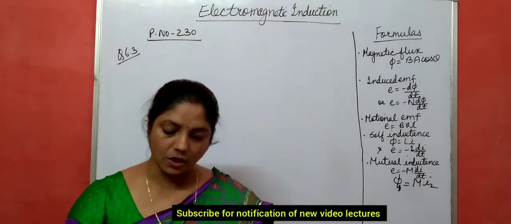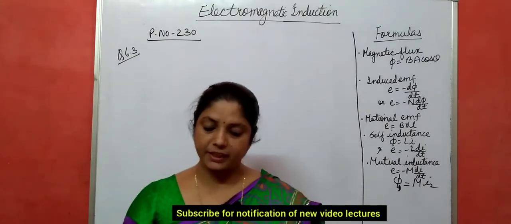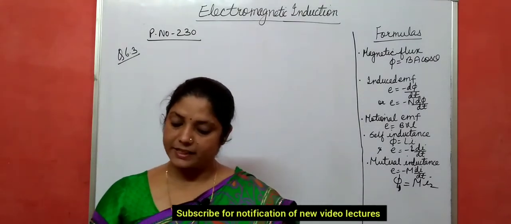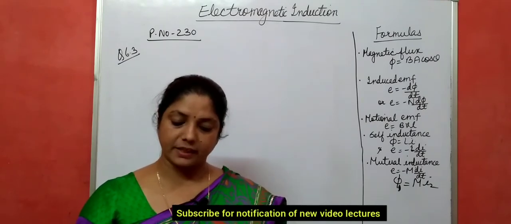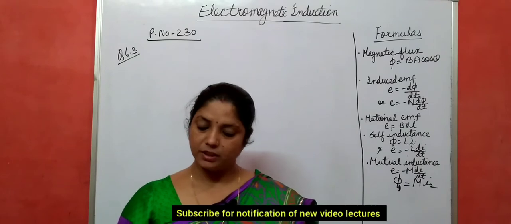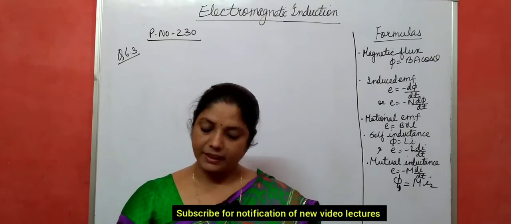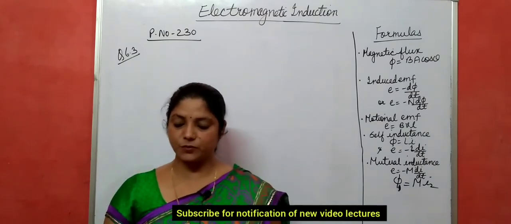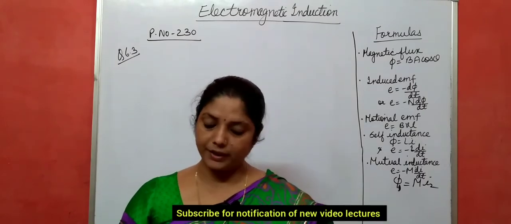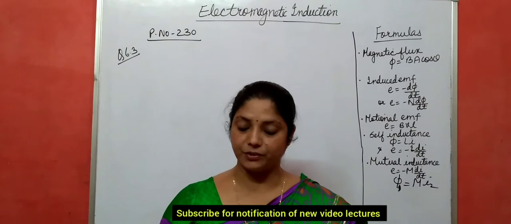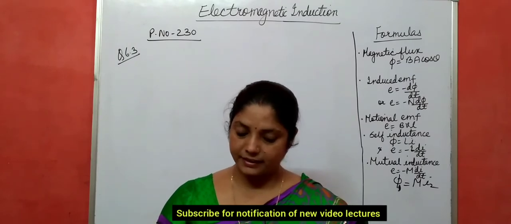The question is: a long solenoid with 15 turns per centimeter has a small loop of area 2.0 centimeter square placed inside, normal to the axis of the solenoid. If the current carried by the solenoid changes from 2 ampere to 4 ampere in 0.1 second, what is the induced voltage? You have to find the induced voltage while the current is changing.